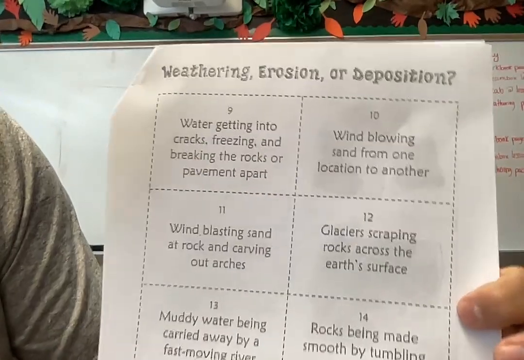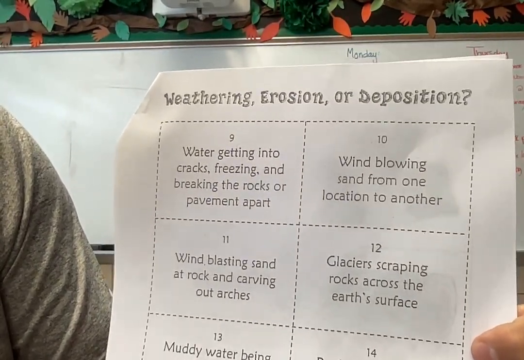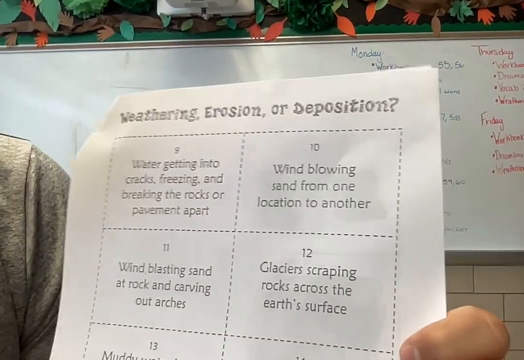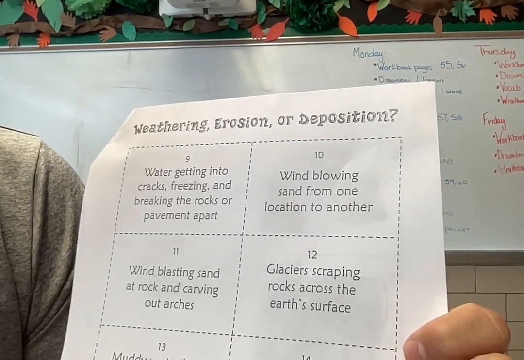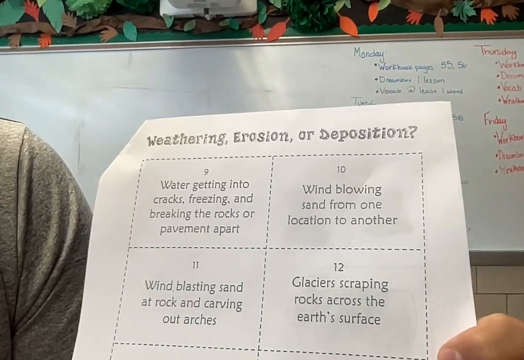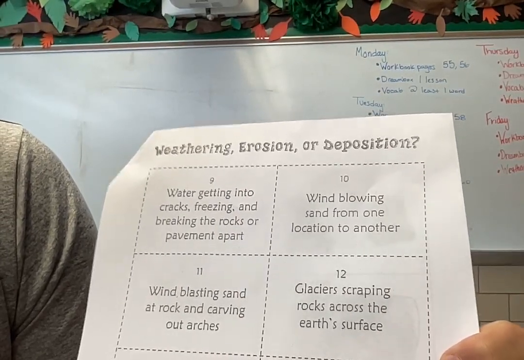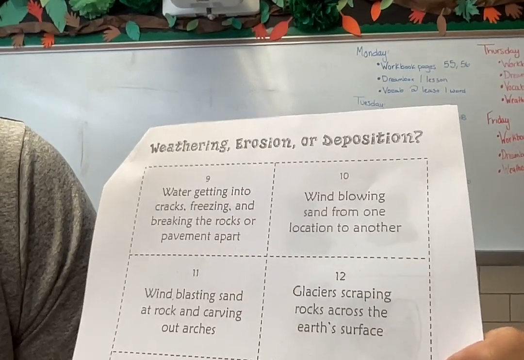Box number 9. It says, water getting into cracks, freezing and breaking the rocks or pavement apart. Number 10. Wind blowing sand from one location to another. Number 11. Wind blasting sand at a rock and carving out arches. Number 12.